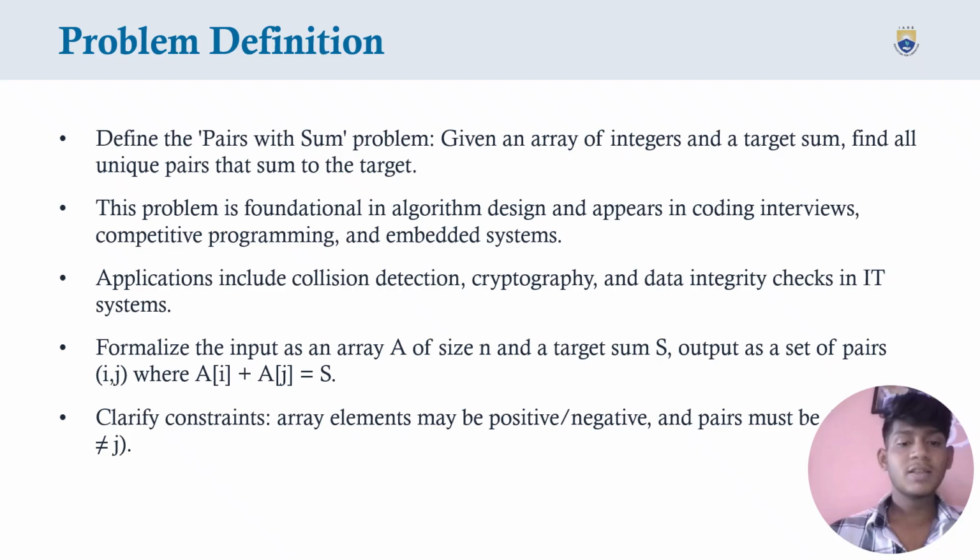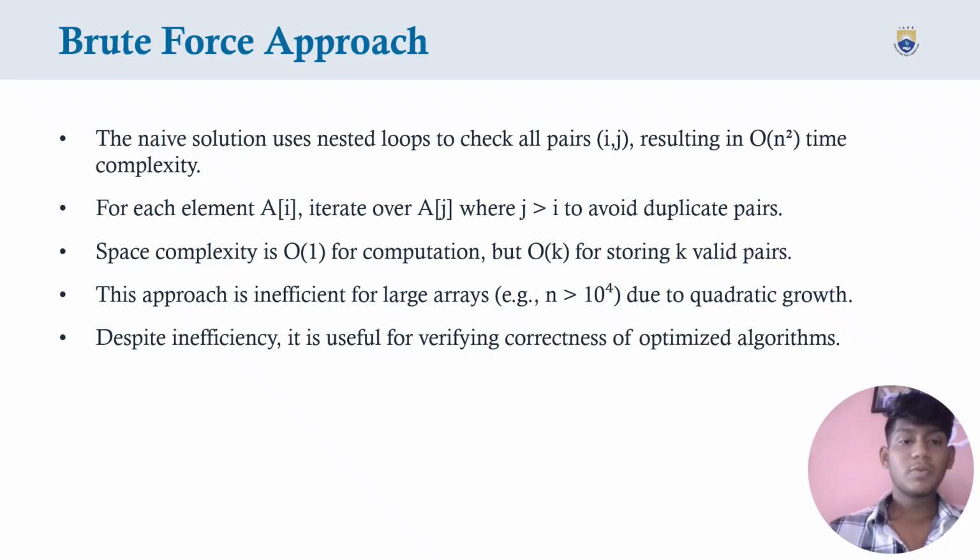Formalize the input as array A of size n and target sum S, and the output as a set of pairs i and j, where a_i plus a_j is equal to S. Brute force approach. The naive solution uses nested loops to check all pairs i and j, resulting in O(n squared) time complexity.